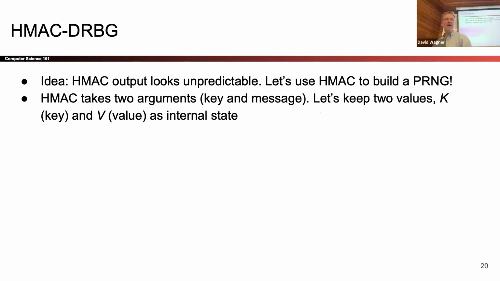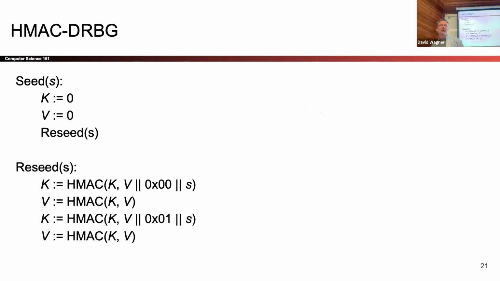And there are other schemes, and you can look on the slides to see another scheme built using HMAC as a building block. You can use that to build a pseudorandom number generator that lets you reseed, lets you mix in more true random values periodically. I'll just let you look through the algorithm on the slides. It's not too hard.